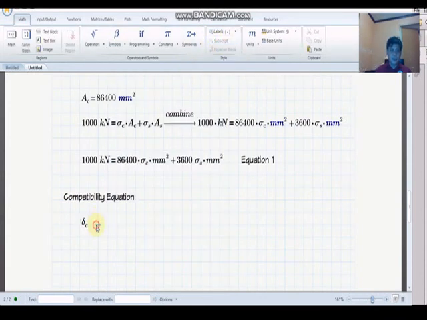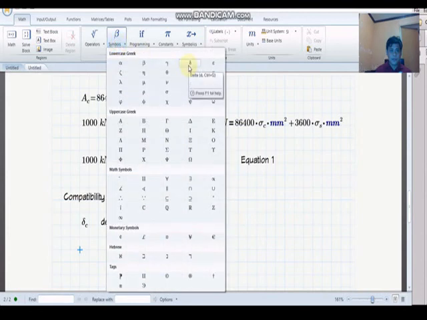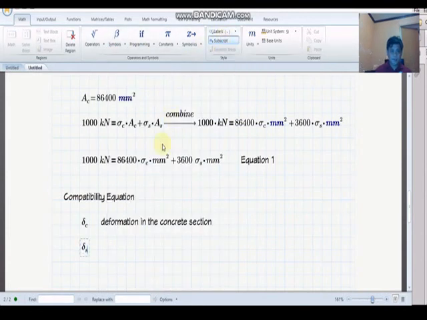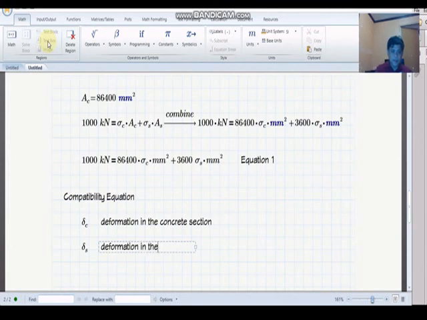Let's represent that as the deformation in the concrete section, delta C, and we also have here delta S, being the deformation in the steel section.